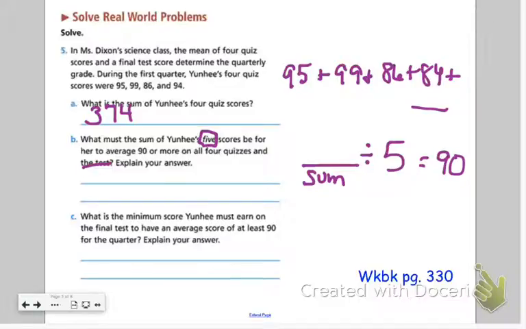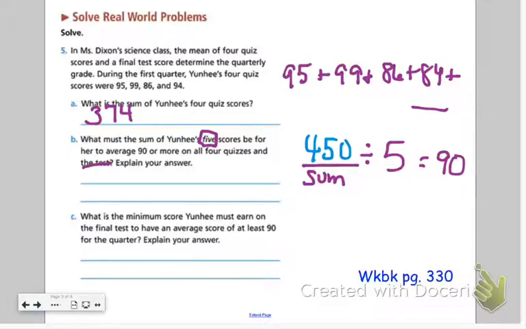So now we have to work backwards. What number divided by 5 is going to equal 90? Hopefully you recognize that you can do the inverse operation here. 90 times 5 would give you 450. So 450, let's change the color here. 450 is the sum of all of the scores that Yunni needs to get in order to get an average of 90.